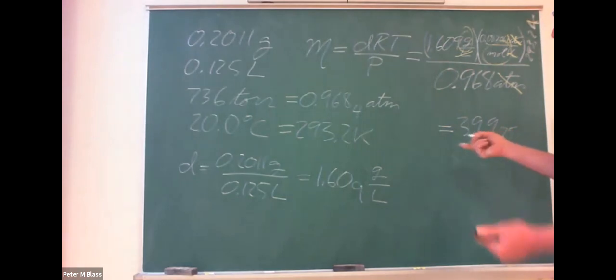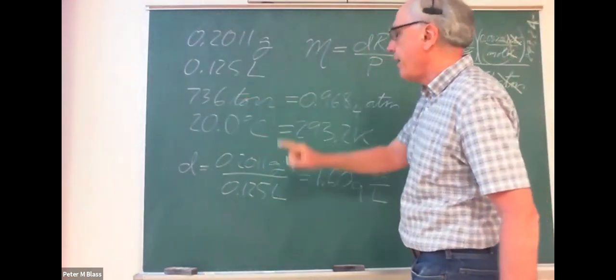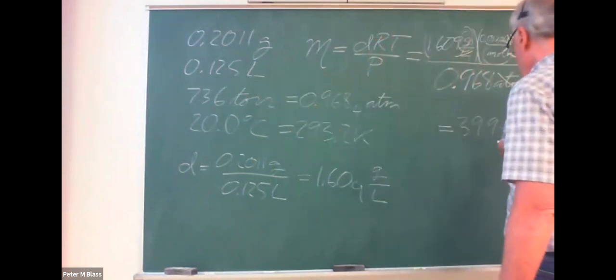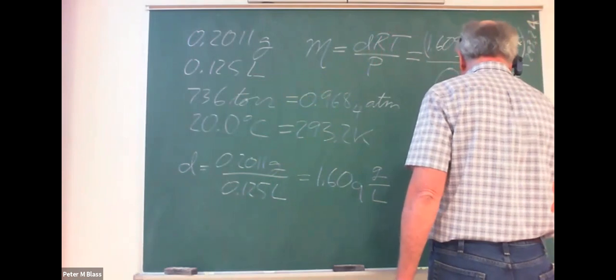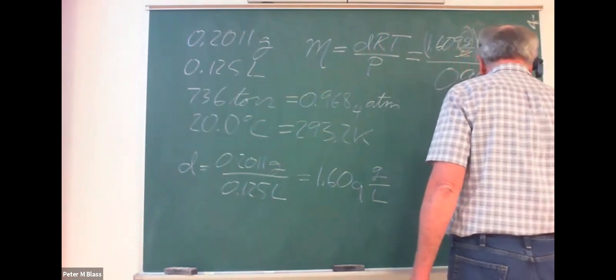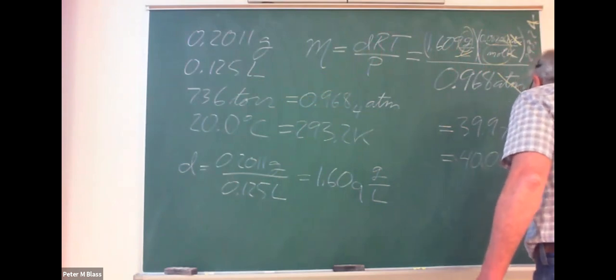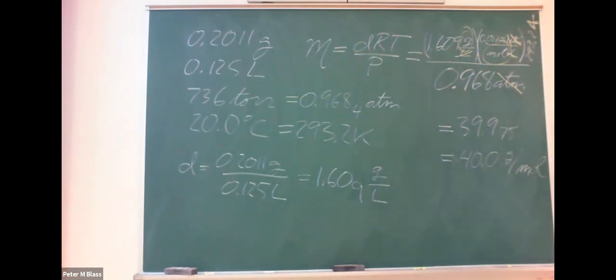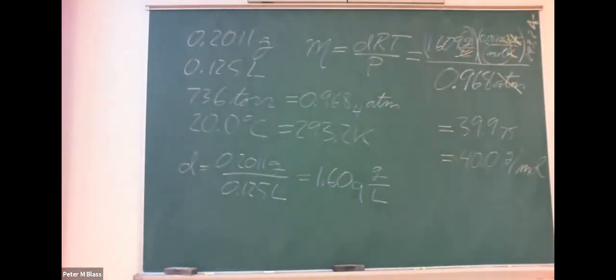If we round that to three significant figures, which is what we should do because we have 3 there and 3 there, it's 40.0. It's 40.0 grams per liter. Oh, grams per mole, I'm sorry. This is the molar mass we're calculating. Grams per mole, 40.0 grams per mole. Which of those gases has a molar mass of 40.0 grams per mole?